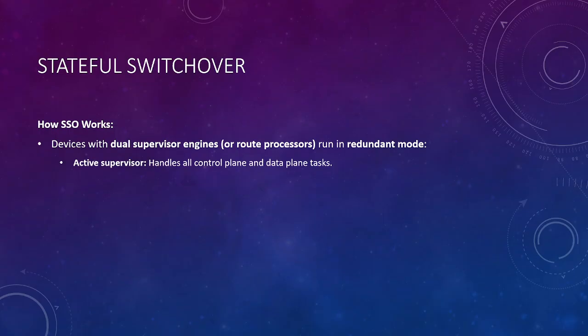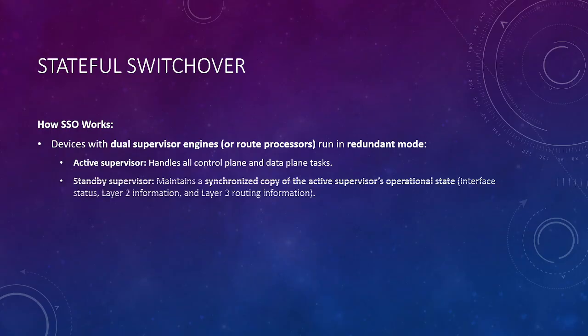The active supervisor handles all the control plane and data plane tasks. If you have an OSPF neighbor, a BGP session going on, and BGP control packets coming in, it's all handled by the active supervisor. Any packet punted to the route processor CPU is also handled only by the active supervisor. Now the standby supervisor is there.